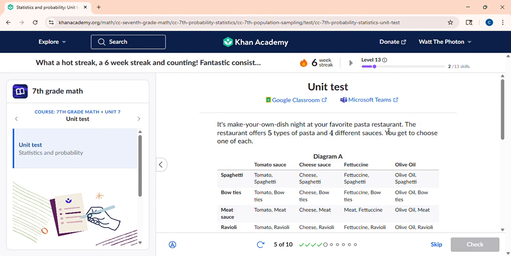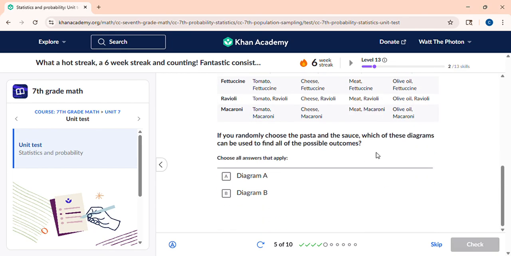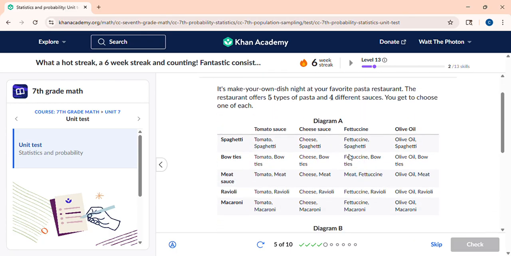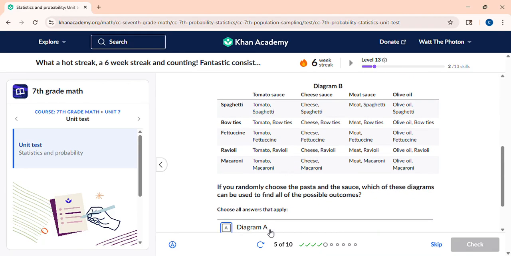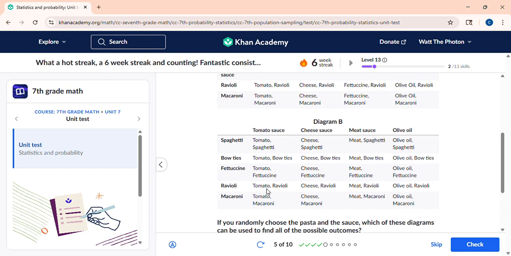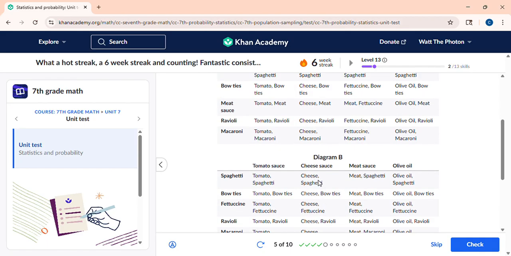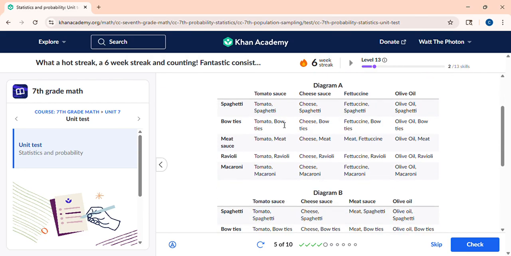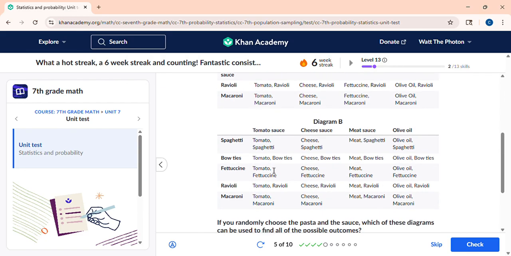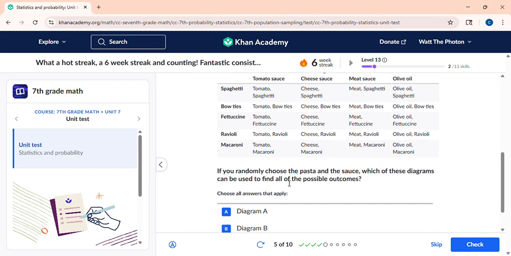5 types of pasta, 4 sauces. 5 types of pasta, so 1, 2, 3, 4, 5. 4 sauces, 1, 2, 3, 4. Tomato. Diagram A looks good. I don't see the difference between the two.